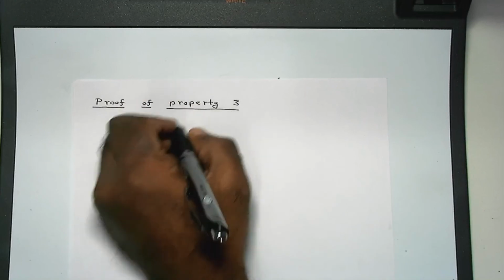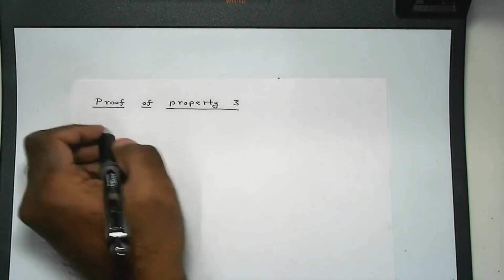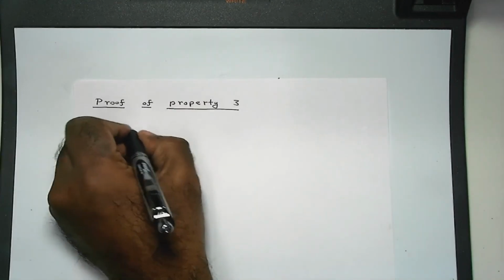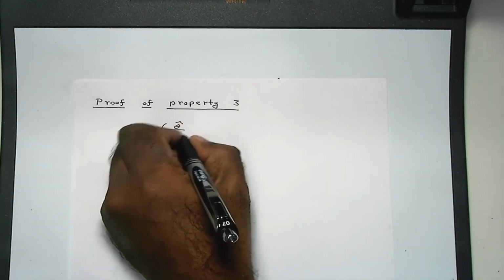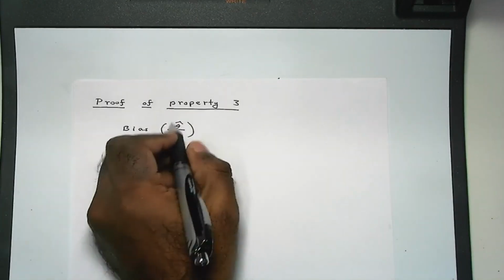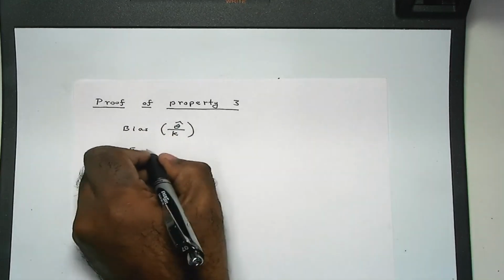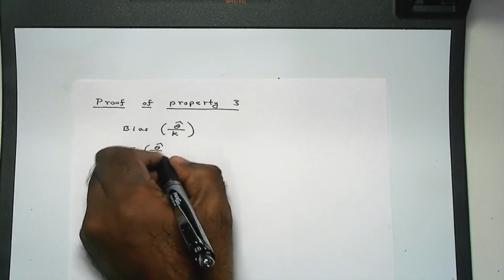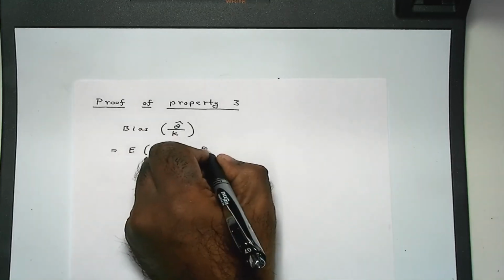To prove property 3, we must show that the estimator theta hat divided by k is unbiased. To show that this is unbiased, we need to show that the bias of this is equal to 0.